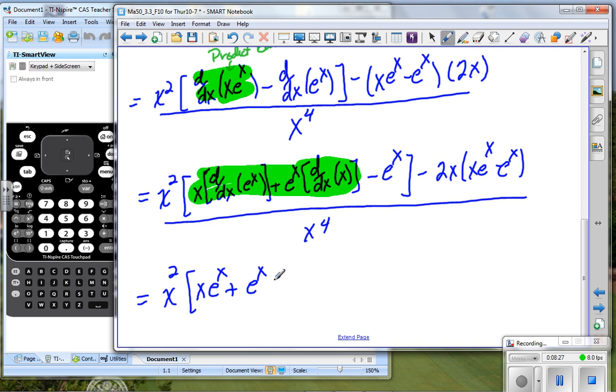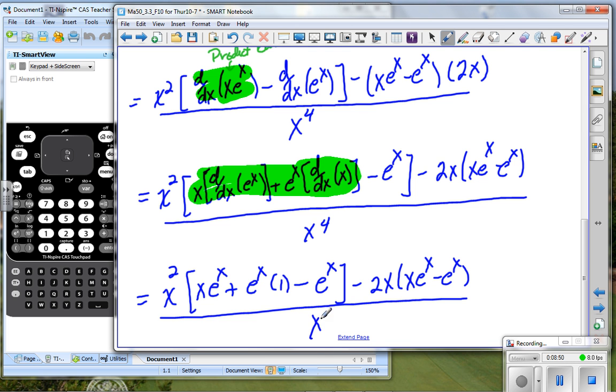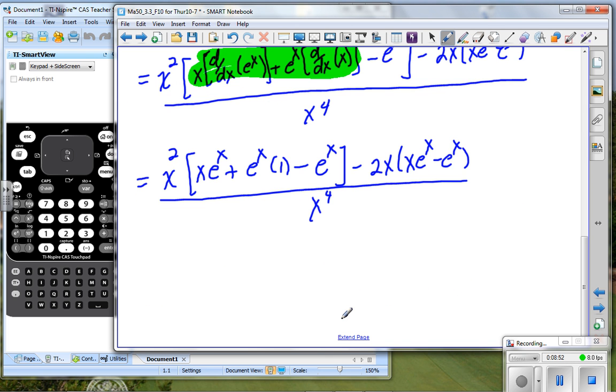And again, the derivative of x is simply 1, minus e to the x. And remember, this came from here. E to the x came from this one right here. Minus 2x, the quantity x e to the x minus e to the x, all of it divided by x to the 4th.